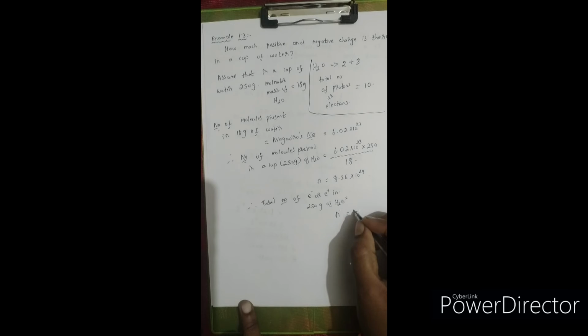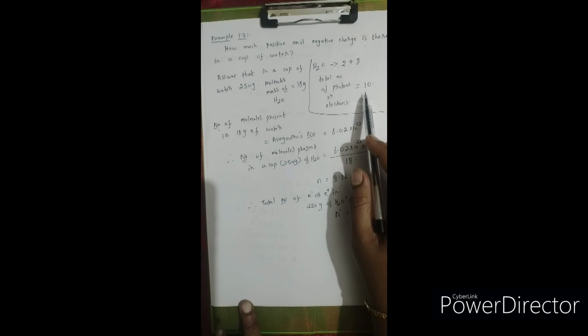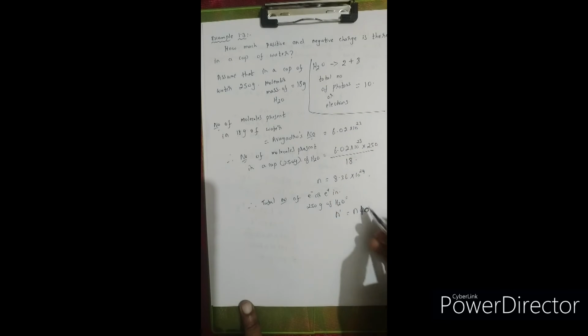This N dash will be equal to N into 10, because the total number of protons or electrons is 10 here. Am I right? We have already calculated how many electrons or how many protons are there in a molecule, right? 10 protons or 10 electrons, right? So this is going to be equal to N into 10.